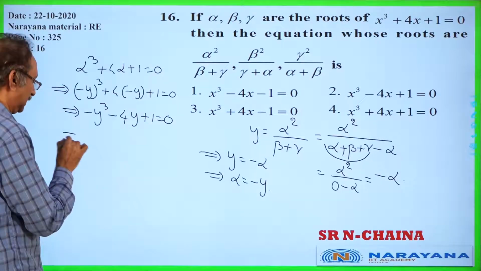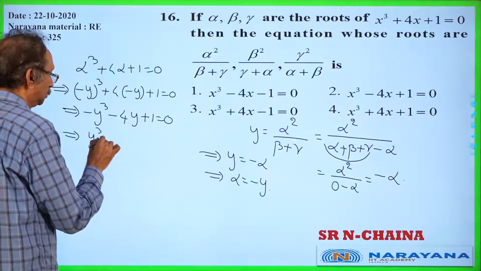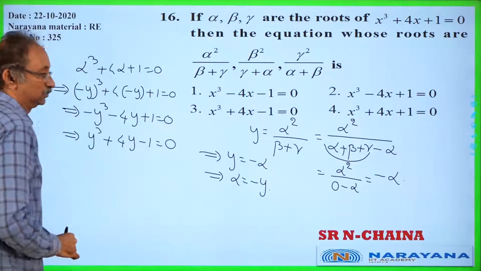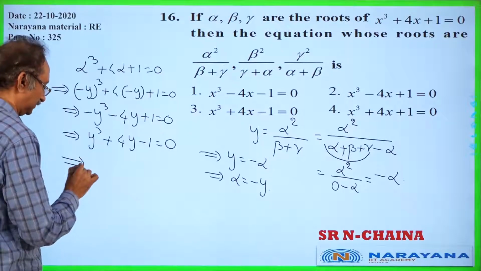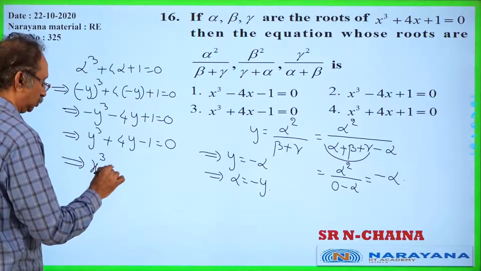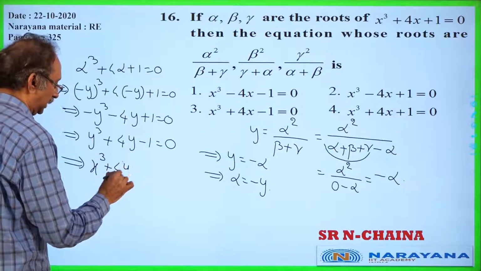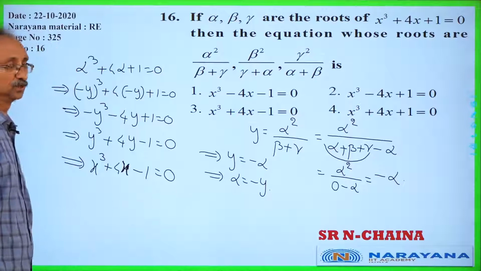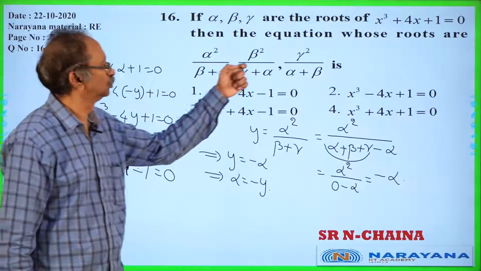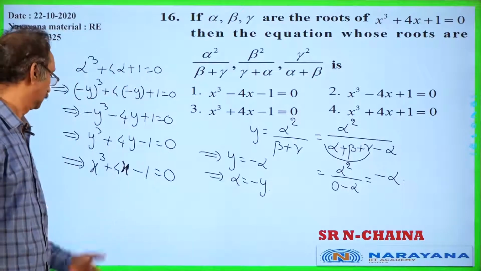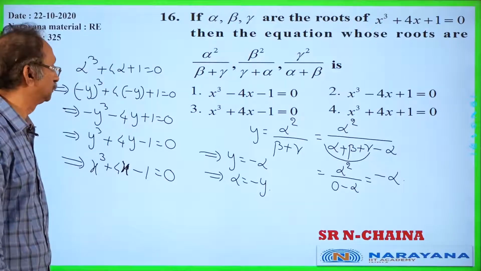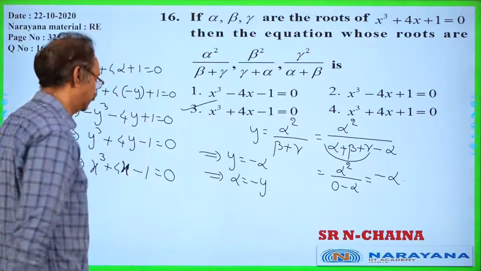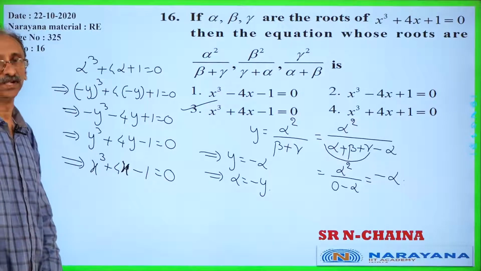Or multiply with minus: y cube plus 4y minus 1 is equal to 0. Finally, you can replace this y with x. So x cube plus 4x minus 1 is equal to 0. So that is the equation whose roots are these 3. Write this one. Okay, students?